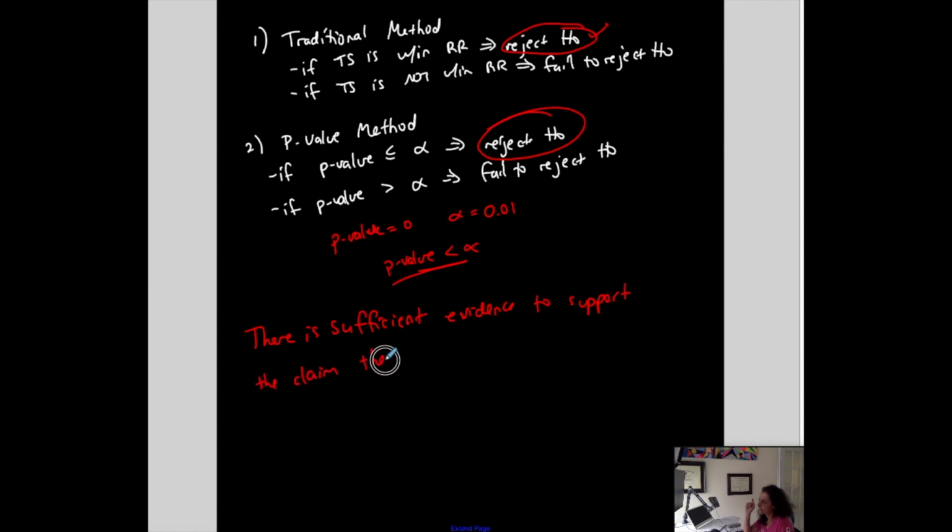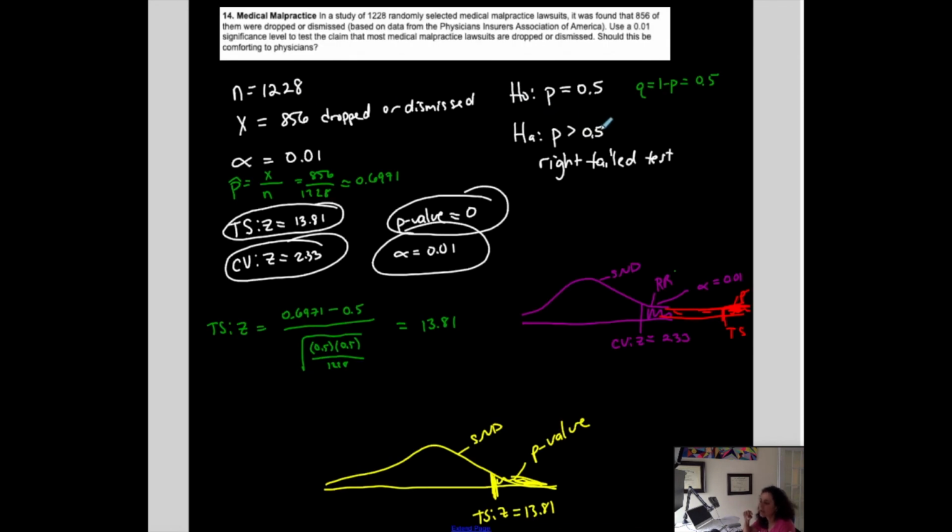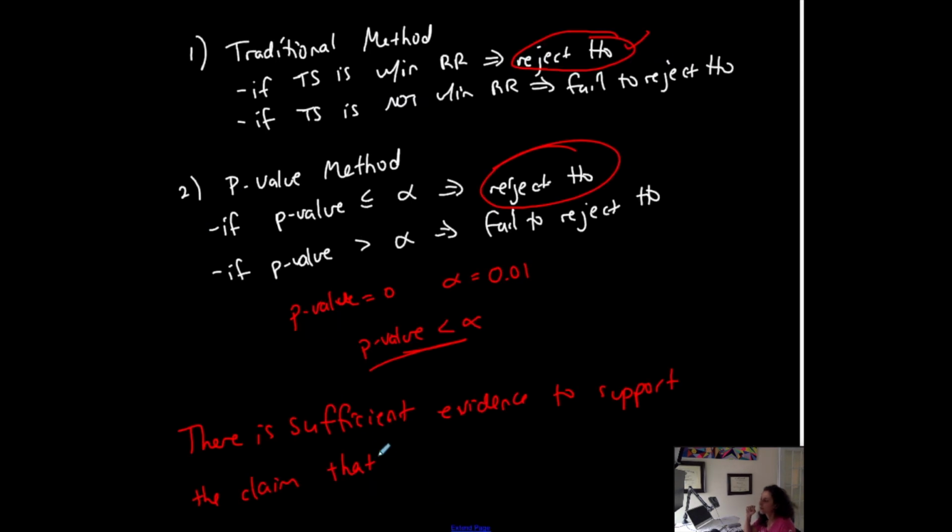that, well, let's go back to the alternative. What does it say? P is greater than 0.5. That most medical malpractice lawsuits are dropped or dismissed.